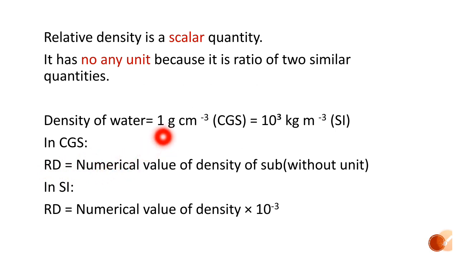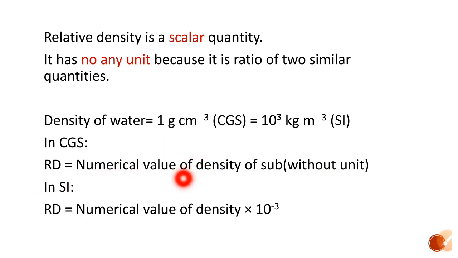Here the density of water in CGS is 1 gram per centimeter cube, and for the substance we have the same unit, gram per centimeter cube, so the units cancel, and only the ratio is left. So whatever the numerical value of the density of the substance, that is the actual relative density of that substance, and it is taken without unit.